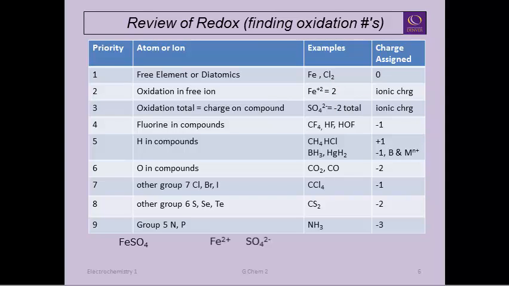Alright, and then there's kind of a dividing line I like to put on these rules, because this top part really deals with ionic compounds, and the bottom part deals with covalent compounds. The keys here really are all of these charges. If you look at them, fluorine is -1, hydrogen +1, oxygen -2, chlorine, bromine, iodine are -1.